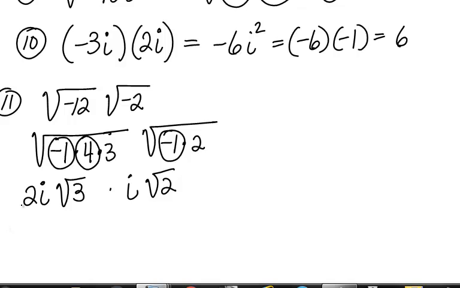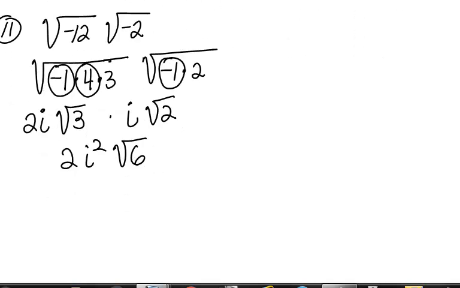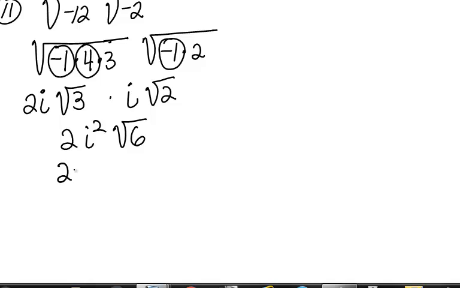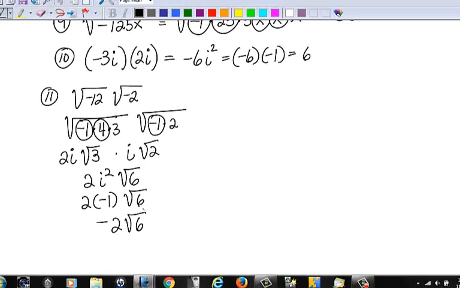Now multiply the numbers in front. 2i times i, 2i squared, radical 6, but i squared is negative 1. Yep, final answer, negative 2 radical 6.